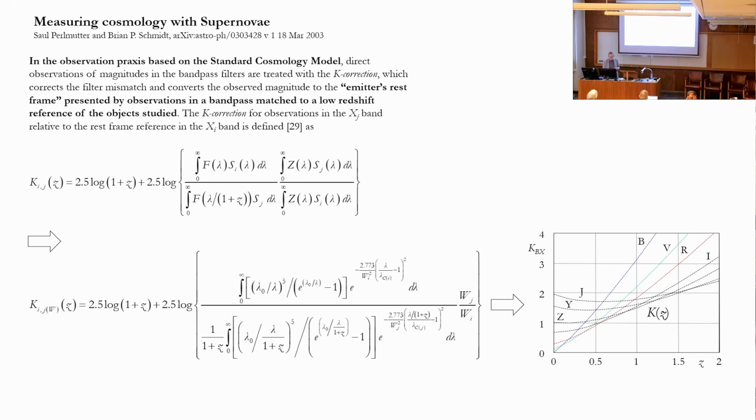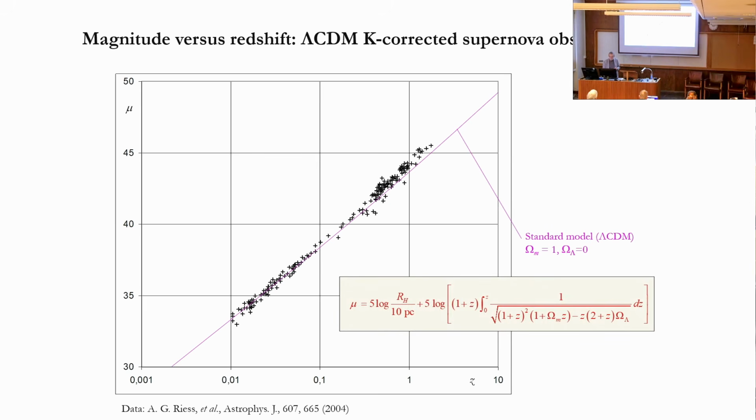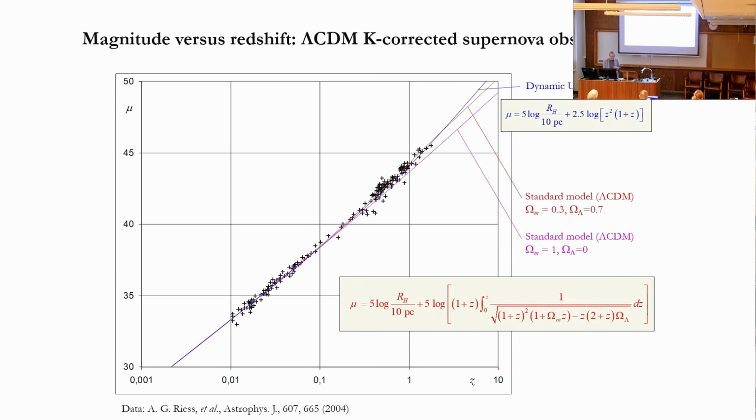And then there's the K-correction, and here we go. Standard model without dark energy, and then the finding of dark energy, which matches the curve here, and DU without any dark energy or other parameters is here, and gives a nice match.